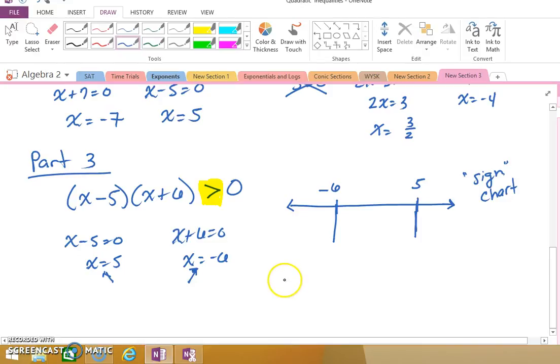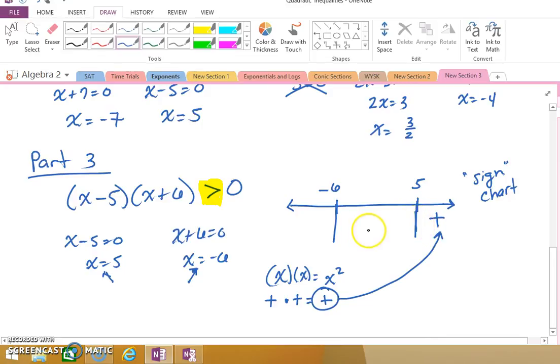So I've got x and x, which is an x squared. So that value there is a positive. So we've got a positive times a positive, which is a positive number. That sign, whatever it is, goes to the far right in the first section, right there.